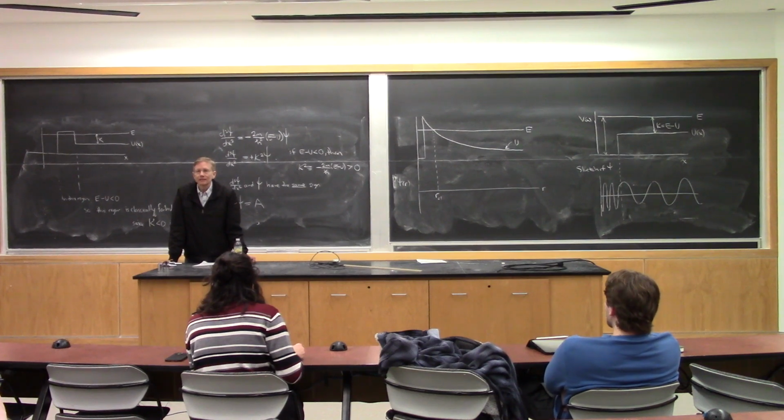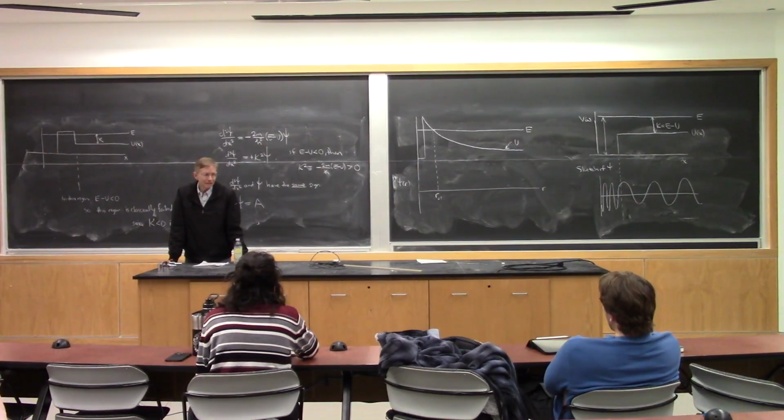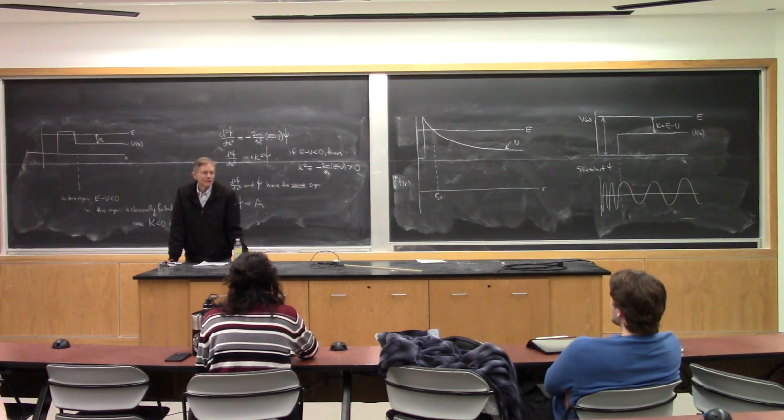If you differentiate e to the ax, what do you get? A e to the ax. And so if you take two derivatives of e to the ax, you'll get a squared times what you started with.